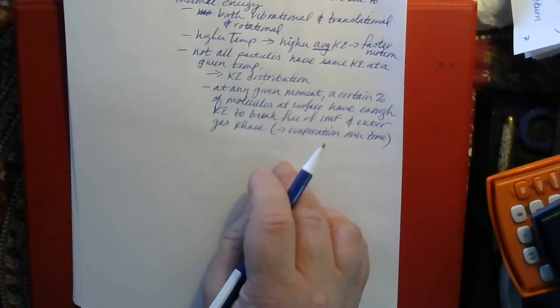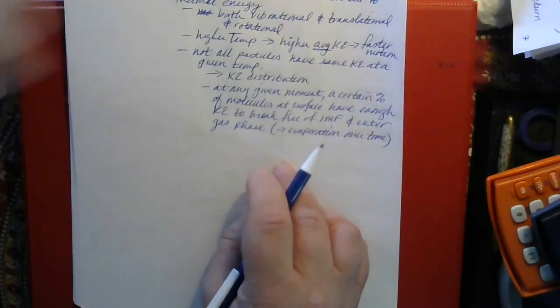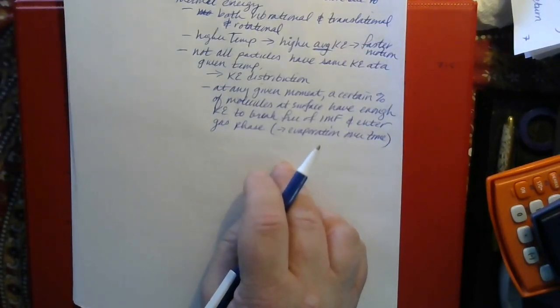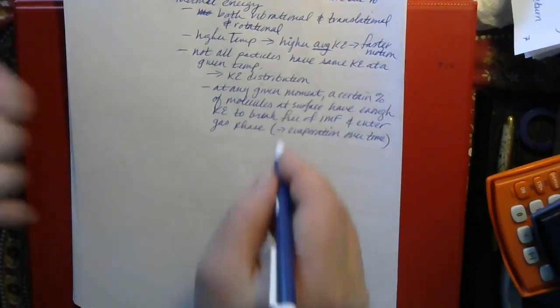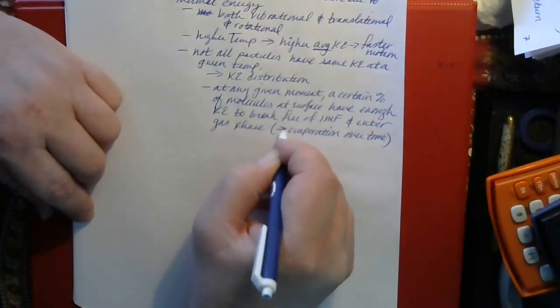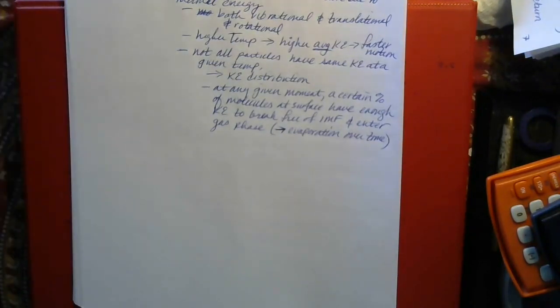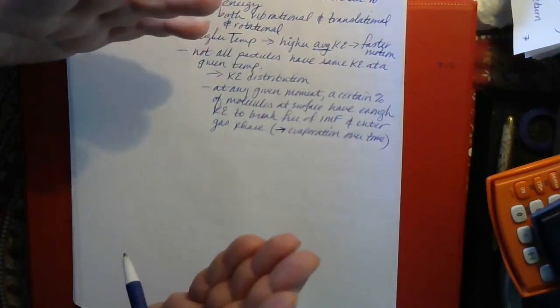So at any given temperature, say maybe 10% at room temperature, 10% of the molecules at the surface of a glass of water have enough energy to break free of the intermolecular attractions and go off into the gas phase. As long as the temperature remains at room temperature, it's always going to be 10% of the molecules that have enough energy to break free and go off into the gas phase.